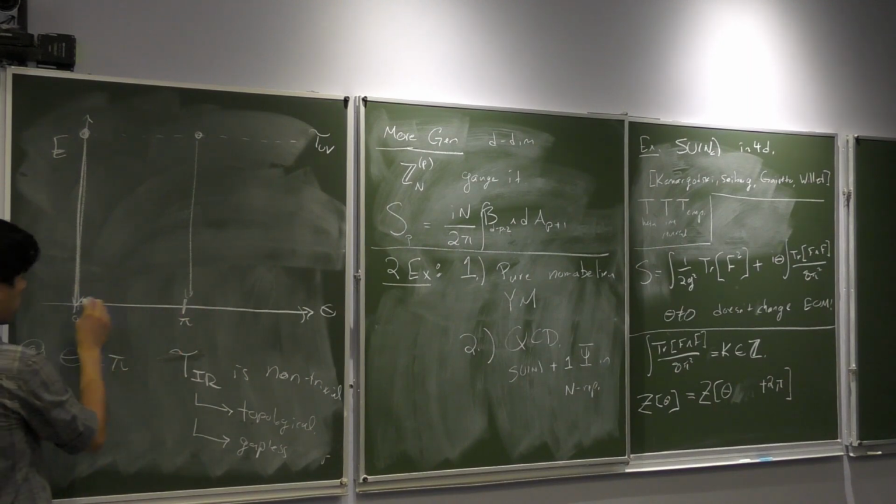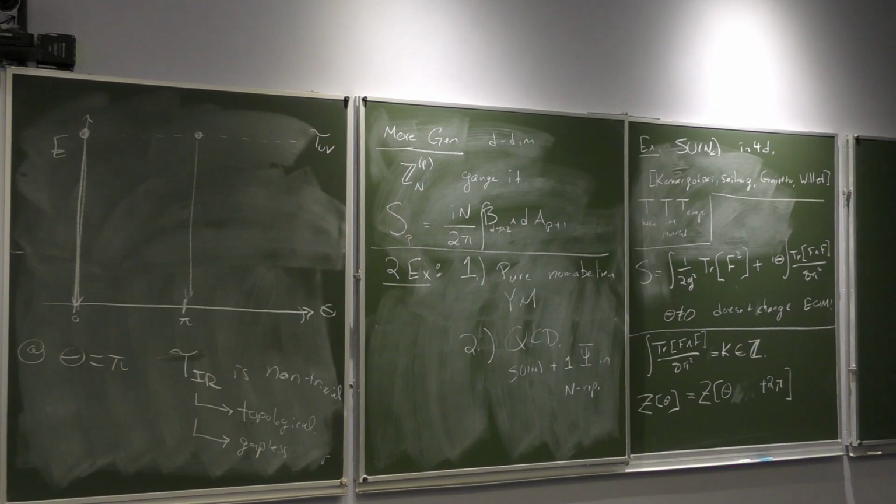It's thought that everywhere else, the theory is confined in the normal sense that there's no ground state degeneracy. And then just at theta equal to pi, there's some sort of transition. It's often said, I believe there's a large N computation that shows this, by which I mean if you take the size of the gauge group to be very large, there are a lot of simplifications you get in quantum field theory.